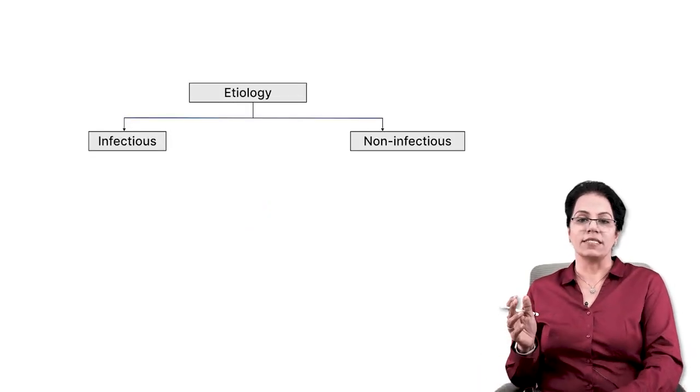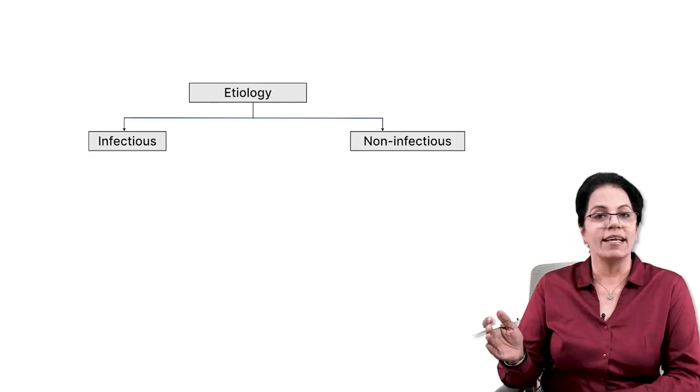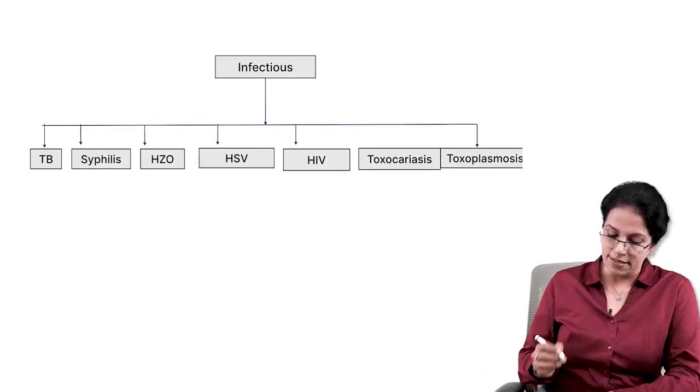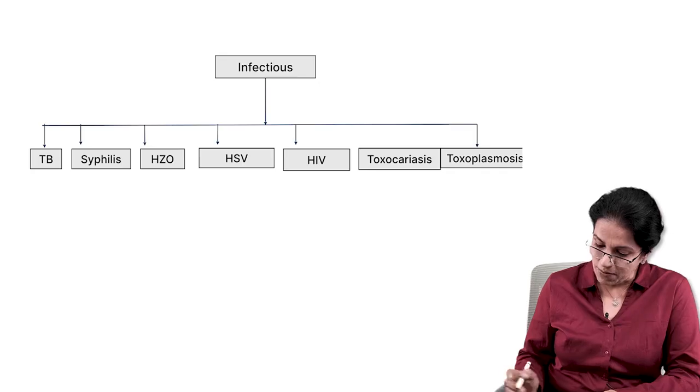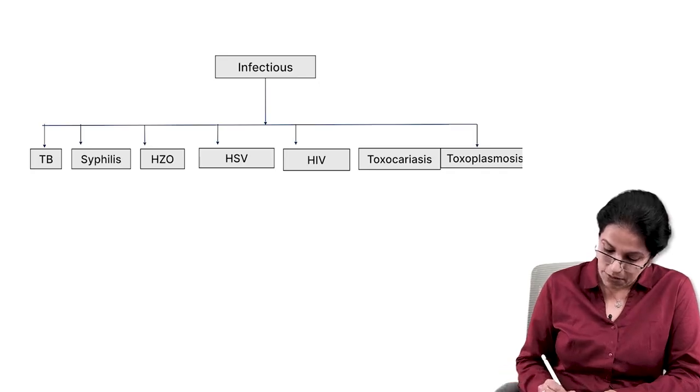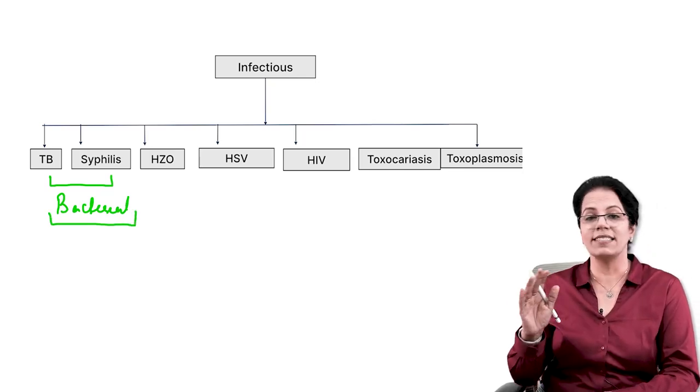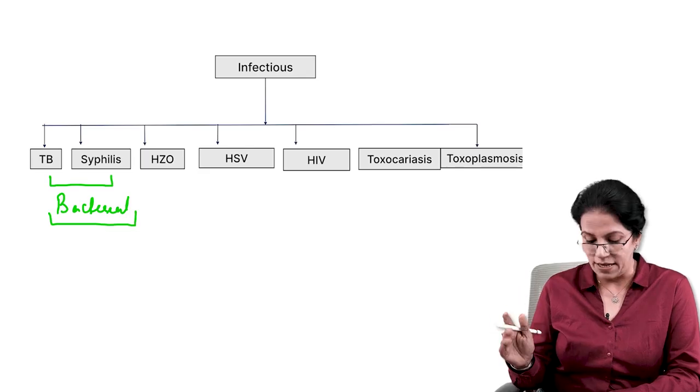Talking about etiology, again the same headings: infectious and non-infectious causes. Infectious causes, let us again talk about this way: tuberculosis, syphilis. So, learn like this with me. Bacterial causes, leprosy generally involves the anterior uvea, okay, majority of the times.